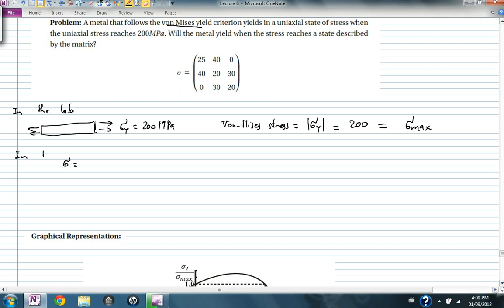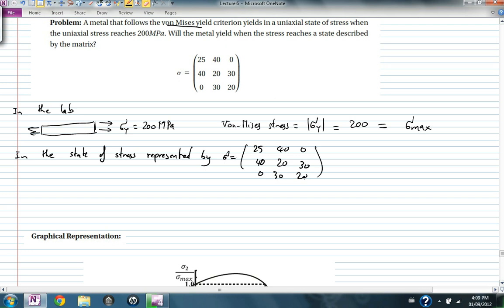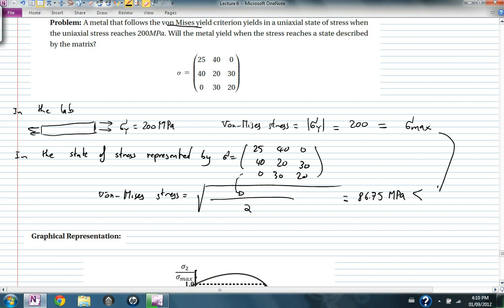Now, in the current state of stress represented by sigma equal to 25, 40, 0, 40, 20, 30, 0, 30, 20, the von Mises stress, which is a huge equation, a function of all the variables in the stress matrix, will give you a value of 86.75 MPa, which happens to be less than the value we found from the lab.